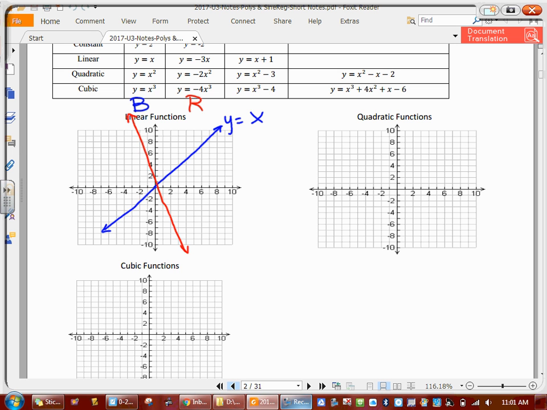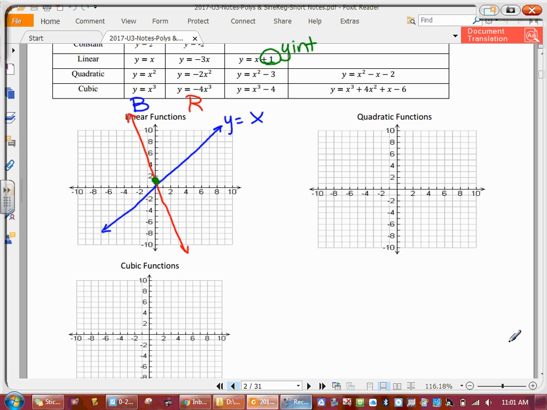Now we're going to put this next one on. It's going to be in green. We have x plus 1. Well, this x plus 1 now gives us our y-intercept. Those digits without the variable are always the y-intercepts. So now we're going to draw that on our same linear graph. But this time we start at positive 1. And now my slope is in front of x.